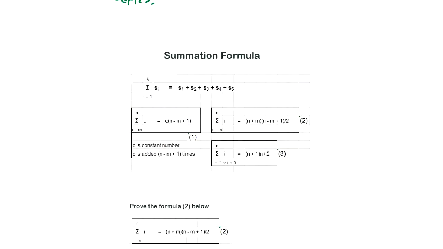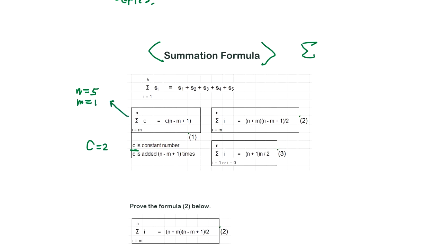Okay, let's look at the summation formula. When you add a bunch of numbers by some rule, what will be the summation total value? There are some simple cases where we can make a formula, and we can use this formula to quickly calculate. For example, the summation of c, where c is a constant, some number, say c is 2, and n is 5, m is 1 in this case.